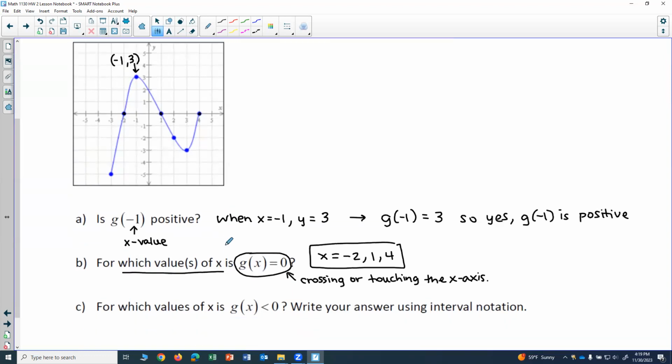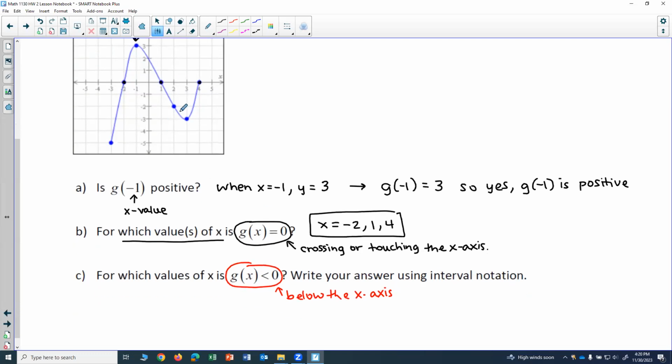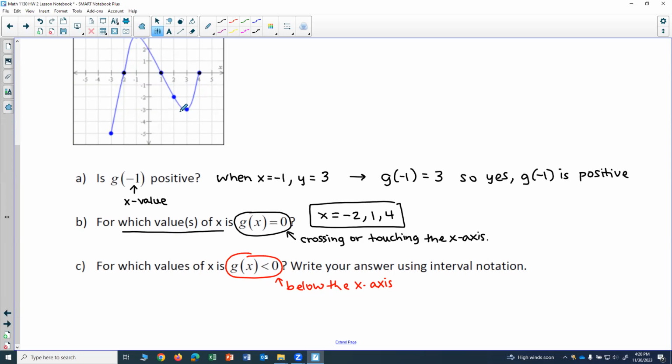Now they say, for which values of x is g of x less than 0? So let me get another color here so I can trace it on the graph. G of x less than 0 means that the graph is below the x-axis. So I'm going to scroll down just a little more. I can still see the graph.